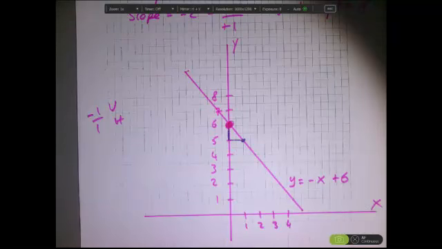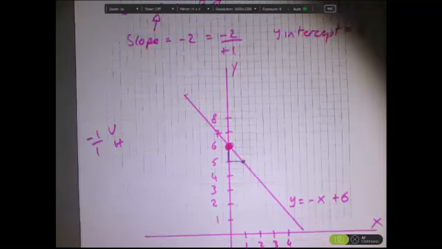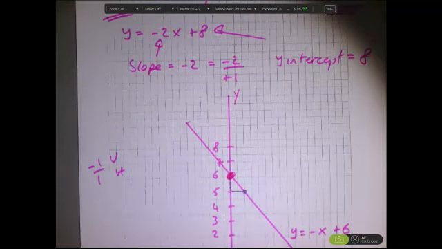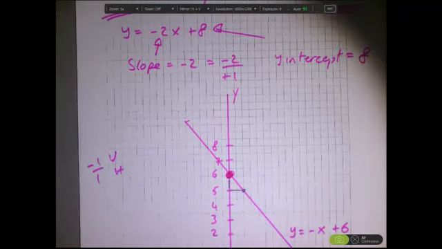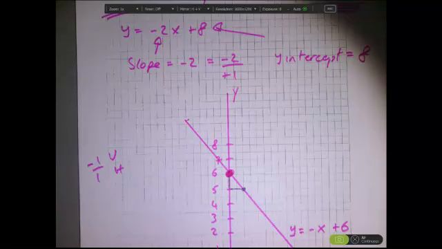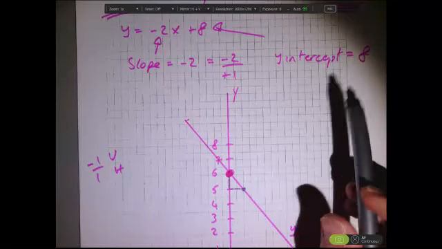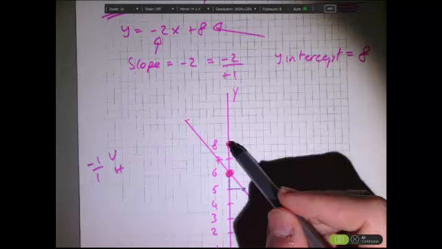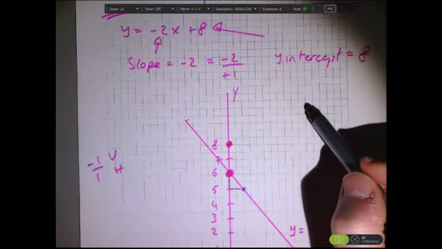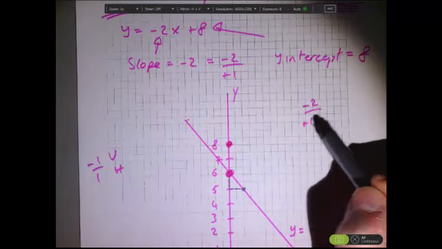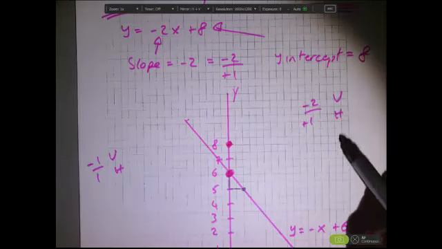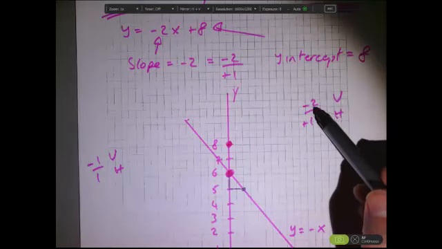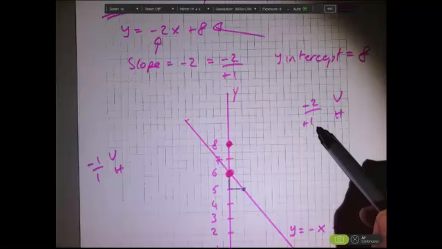I now need to repeat that process again for the second line that I'm being asked to work with, which is y is equal to minus 2x plus 8. So the y-intercept is 8, so my beginning point here is 8. But its slope is minus 2 over 1, vertical over horizontal. So vertically I will travel down 2 units, and then I will horizontally travel 1 unit.